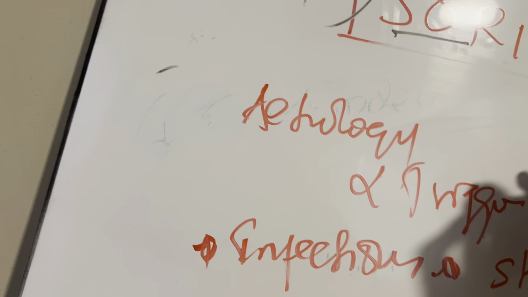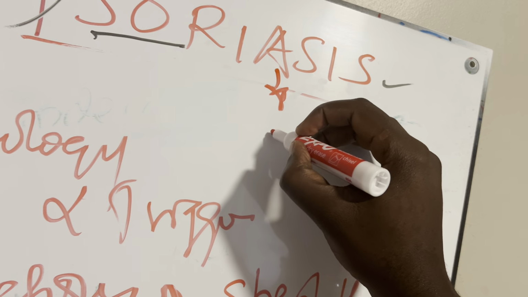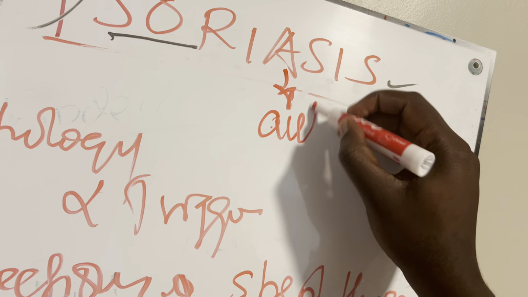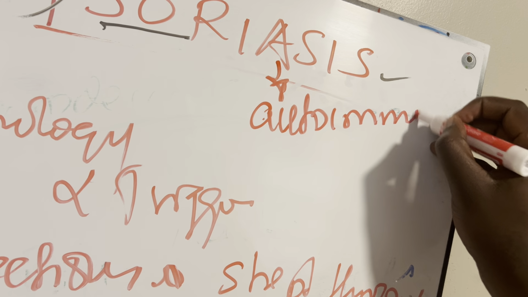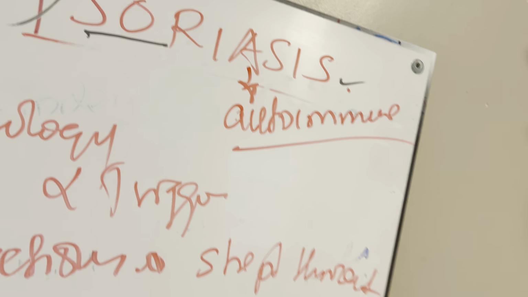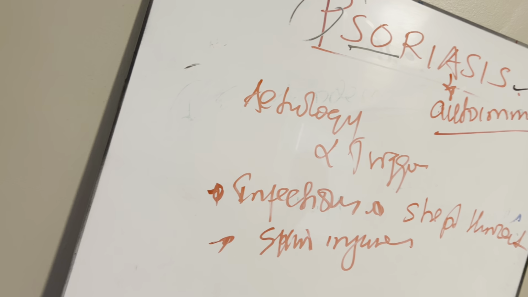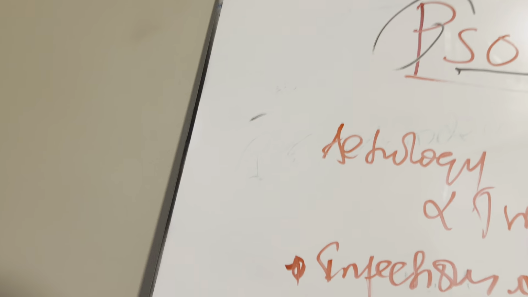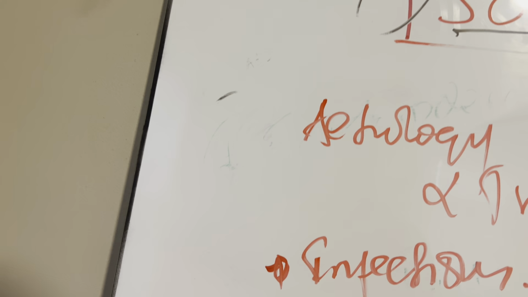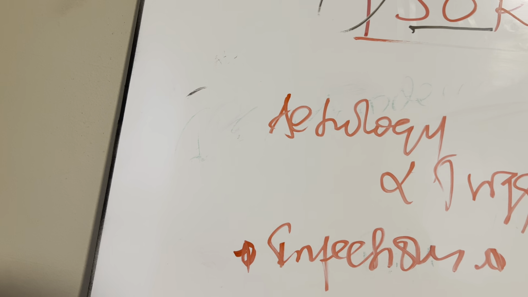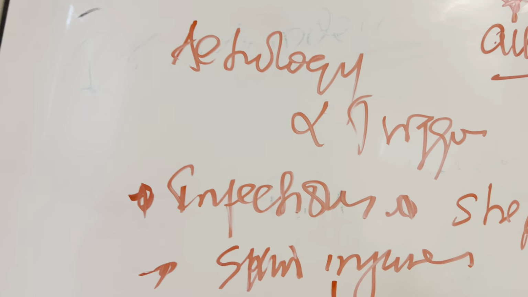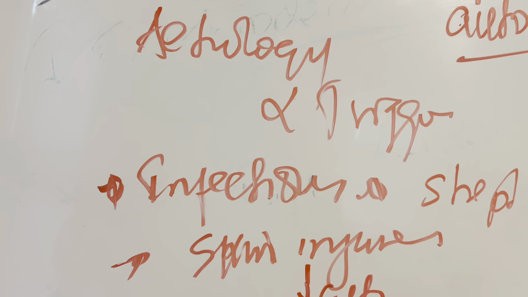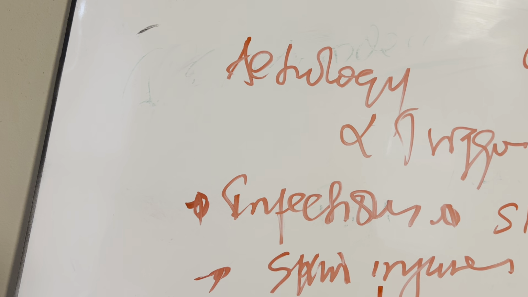So we have to understand that psoriasis, a quick recap, is autoimmune, meaning the normal immune system of the body fights the skin instead of protecting it. So these are triggers. Skin injuries, so cuts, scrapes, bumps, can trigger this.